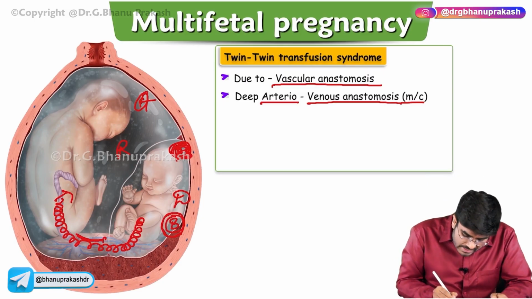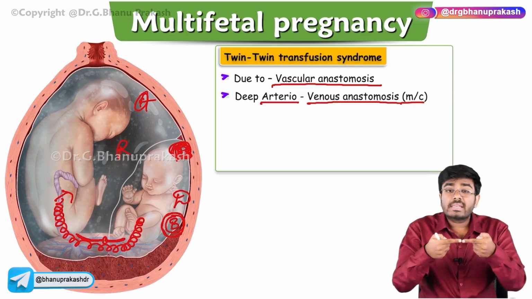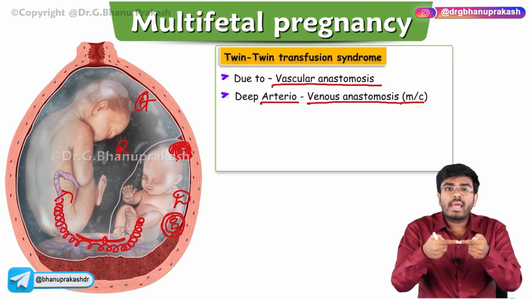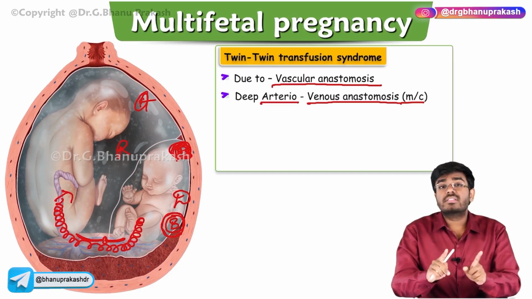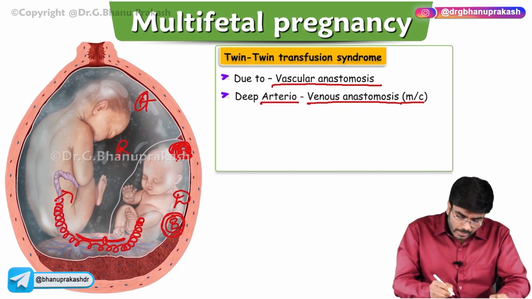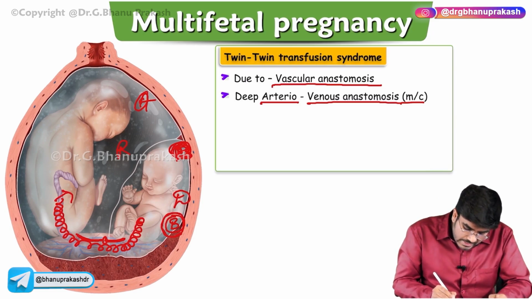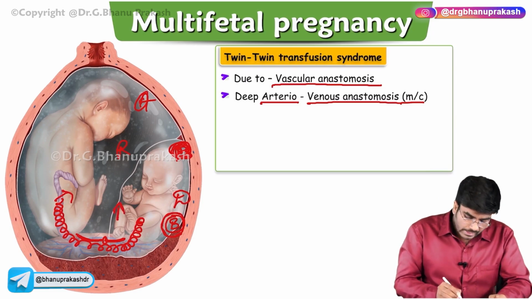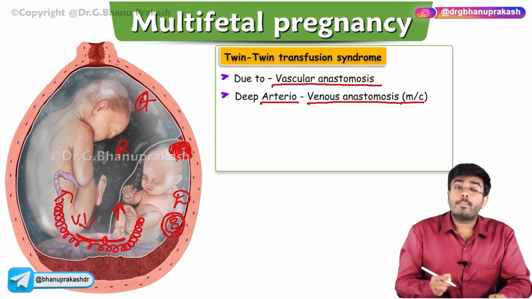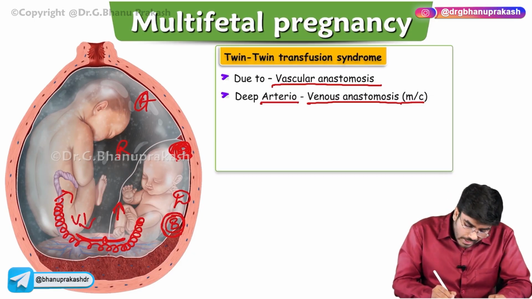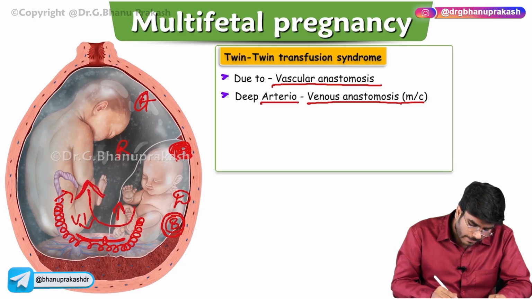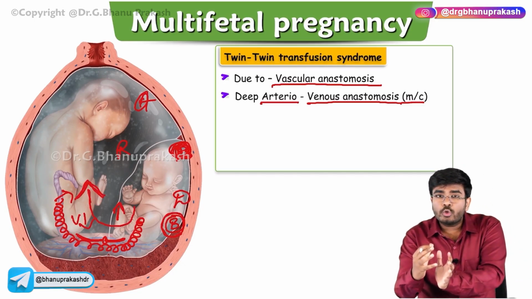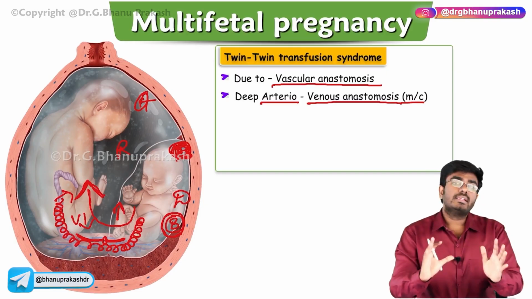Whenever such an abnormal anastomosis happens between the blood vessels of two twins, what happens? In the artery there is high blood pressure and in the veins there is low blood pressure. Because of this, blood is moving from twin B to twin A, from donor twin to recipient twin.